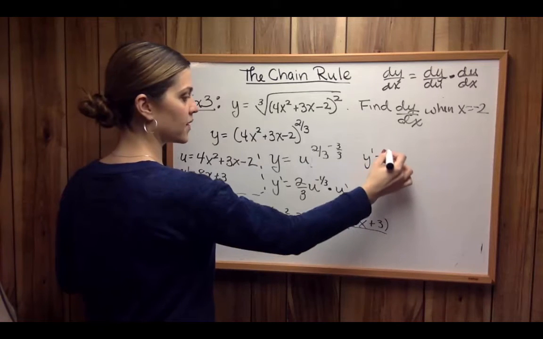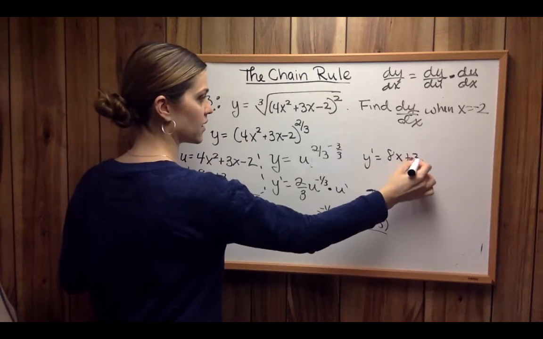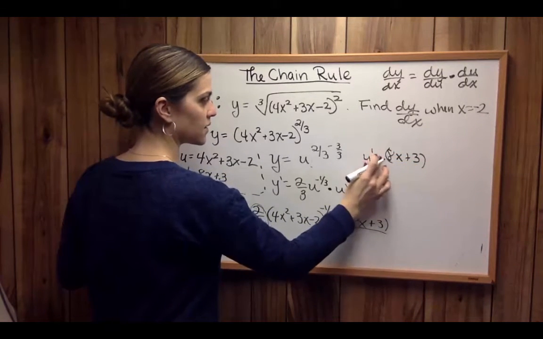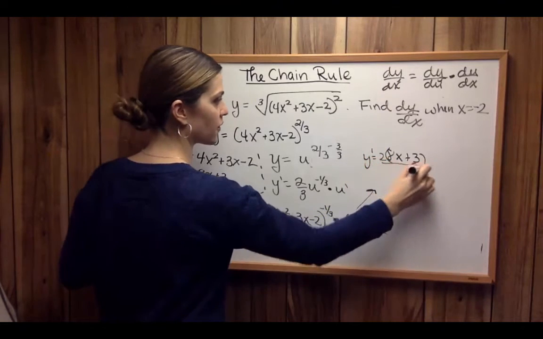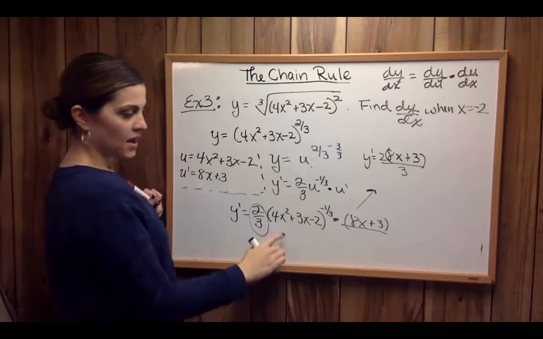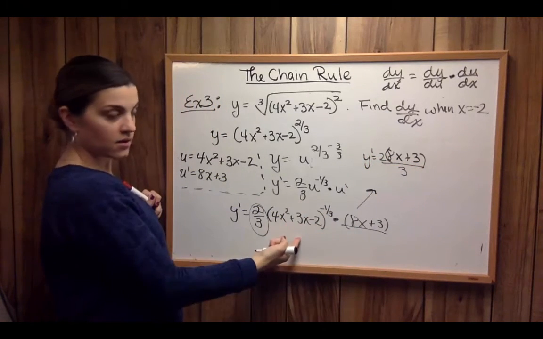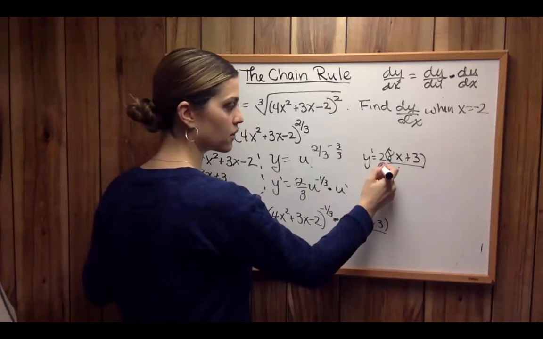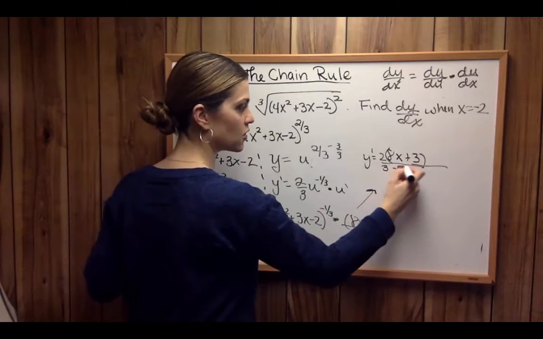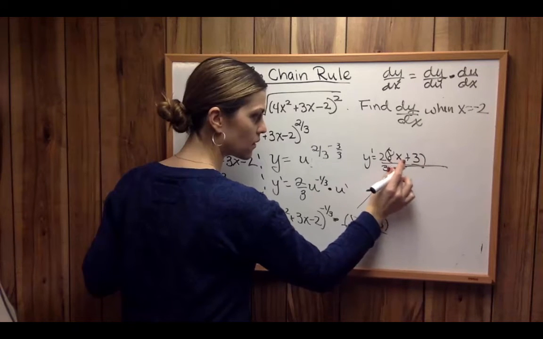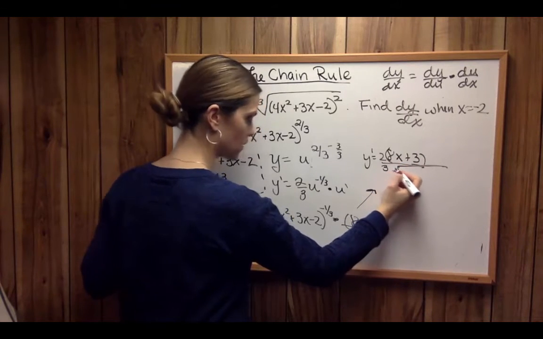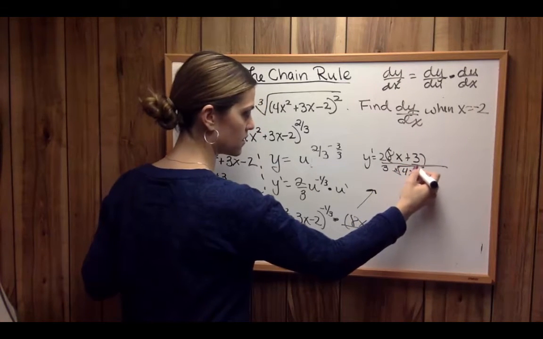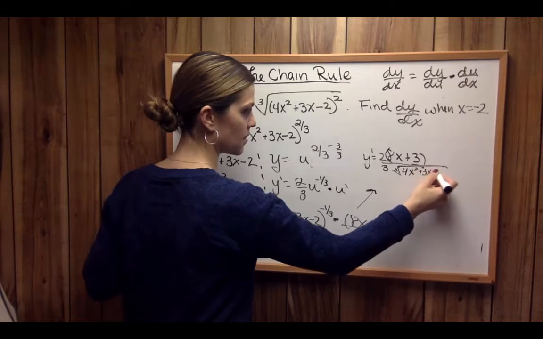So you can also think of this as y prime is 8x plus 3. Let's put the 2 in front. So 2 all over 3, so it's 2/3. And then this drops down to the denominator, and it's a cubic root. So it's the cubic root of 4x squared plus 3x minus 2.